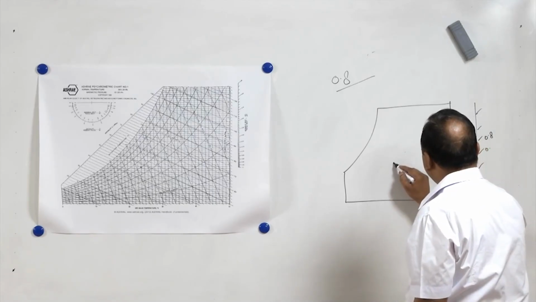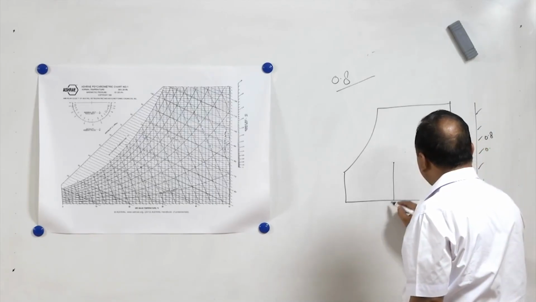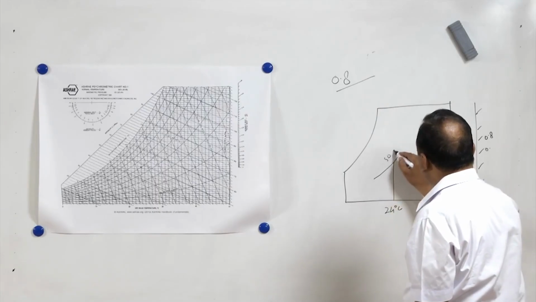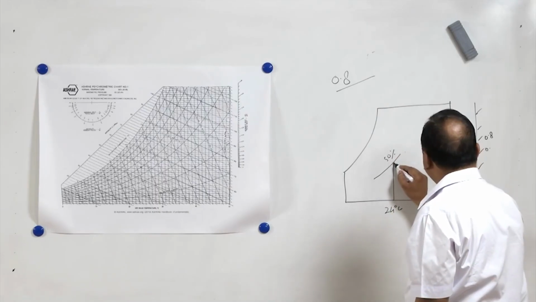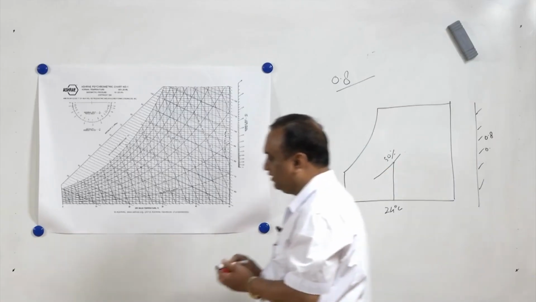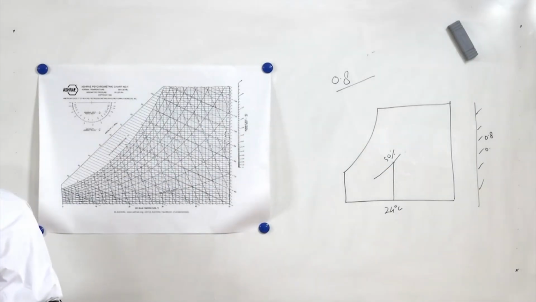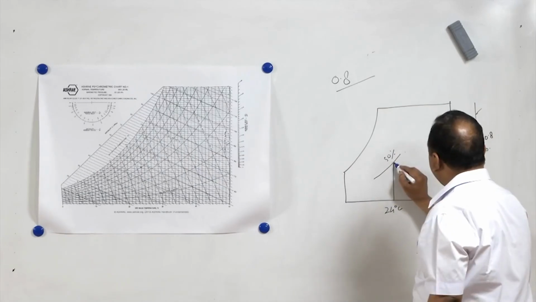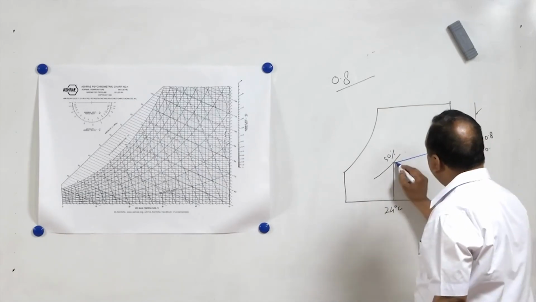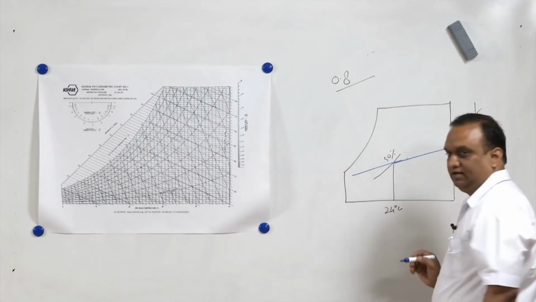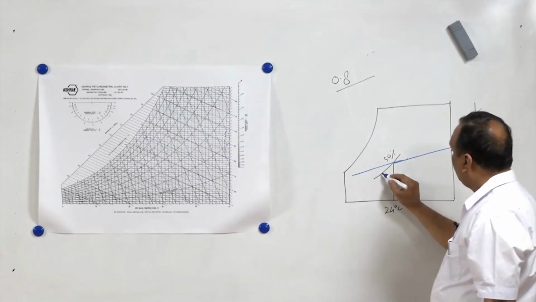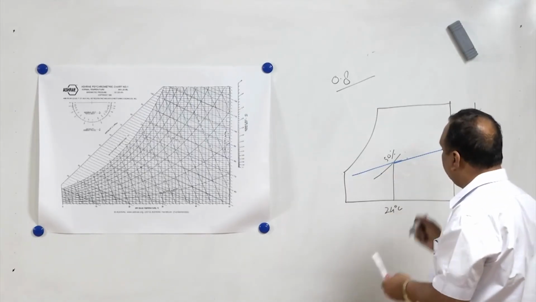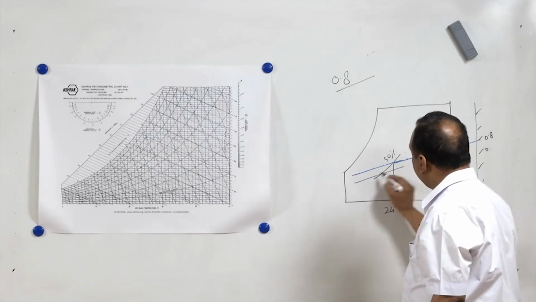Suppose this is our ideal condition, 24 degrees centigrade temperature and 50% RH. I will join this point with 0.8, and this is the sensible heat factor line. Suppose my load point is here. I will simply draw a line parallel to this, and this will give me the load line.